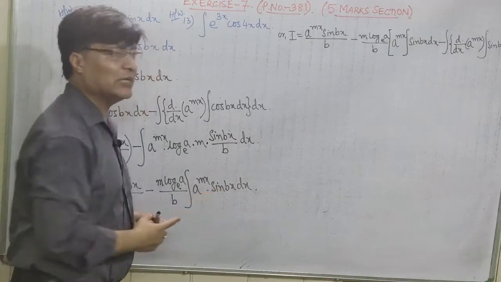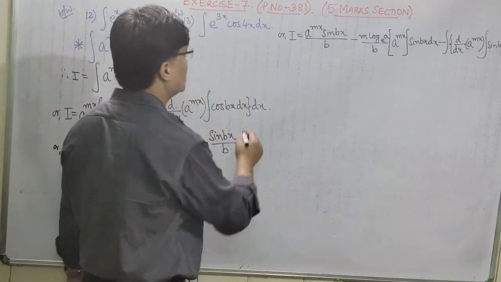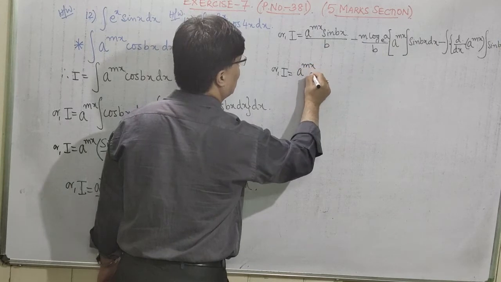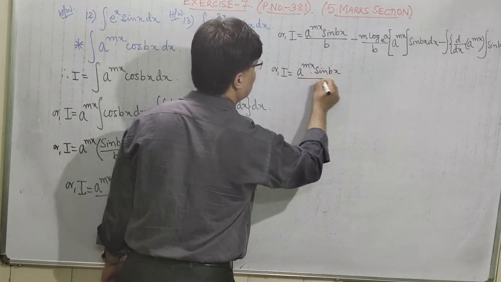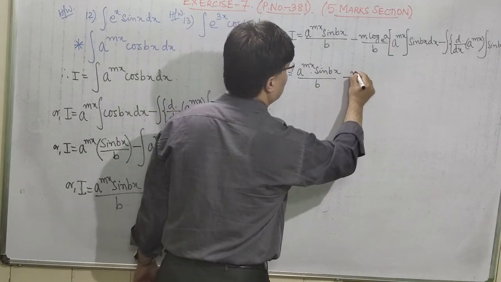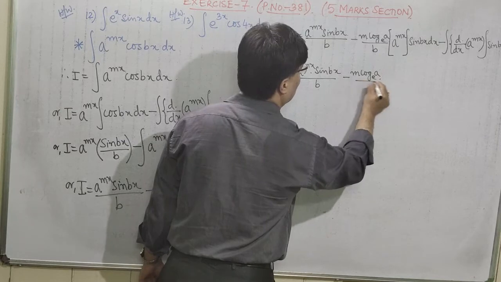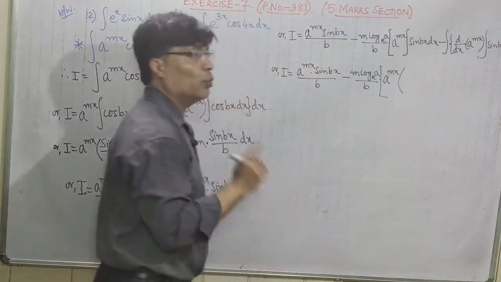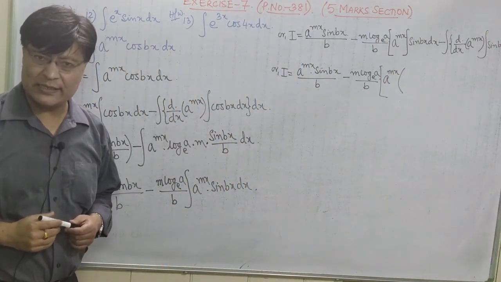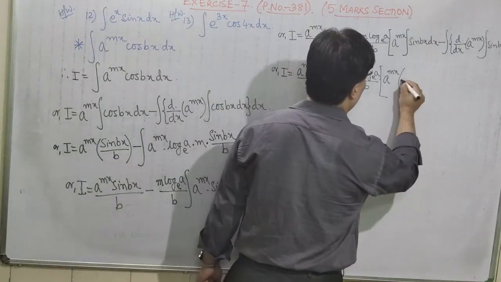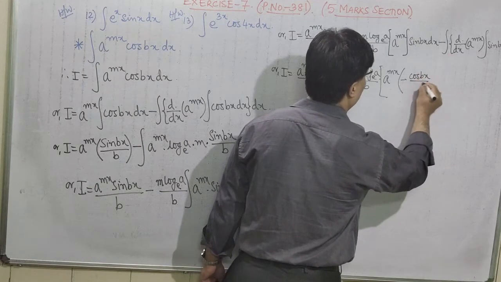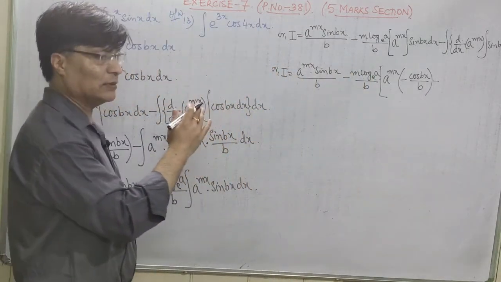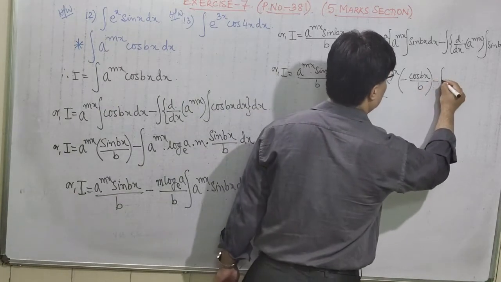So now this function is integrated by parts. Okay, so next, I is equal to the first term kept as it is, a to the power mx sin bx divided by b minus, this is m log a base e divided by b within the third bracket, a to the power mx into, what is the integration of sin bx dx? It will be minus cos bx by b, bracket closed, minus, then what is the integration? The integration is kept as it is.